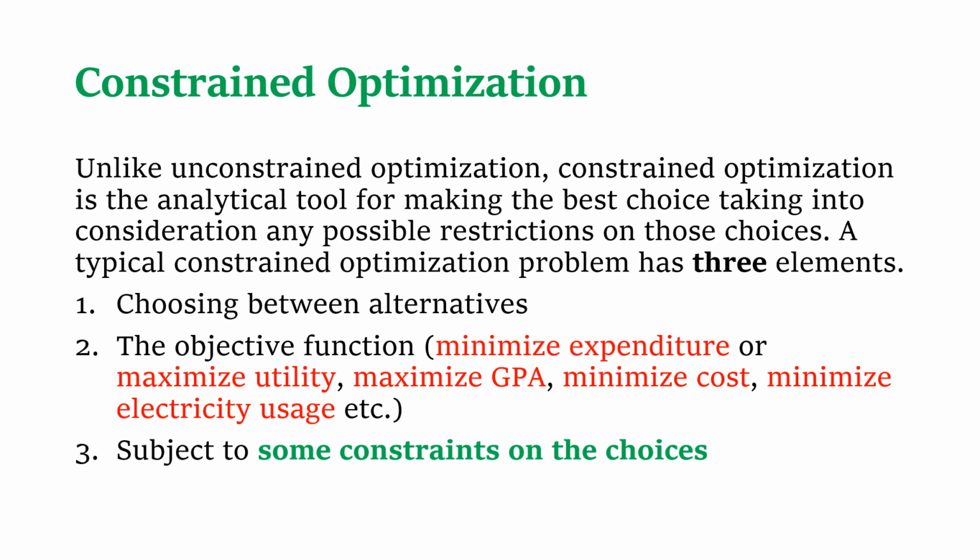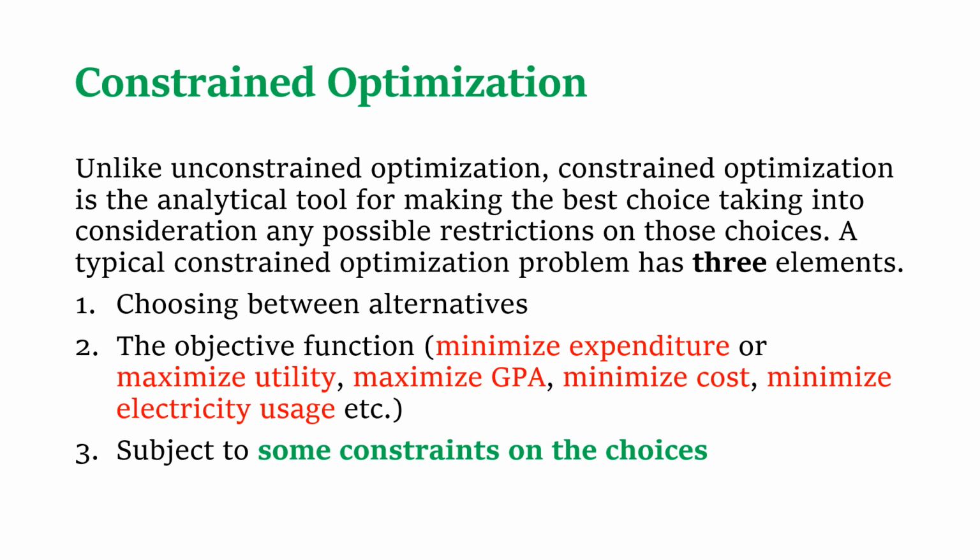Now let's look at constrained optimization here. Unlike unconstrained optimization, constrained optimization is the analytical tool for making the best choice, taking into consideration any possible restrictions on those choices. So here there are restrictions on the choices, and they call them the constraints. For constrained optimization, there are 3 elements. What are these 3 elements?